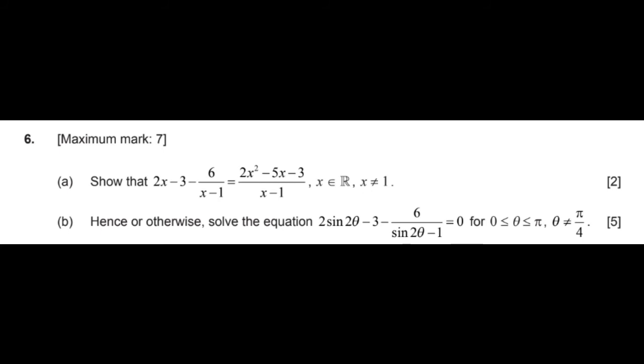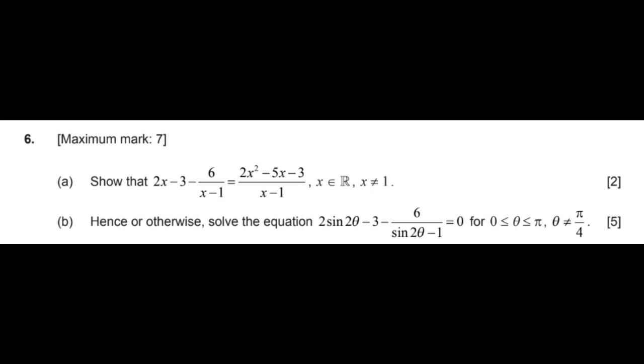That would be my recommendation. If you take a quick look at the left-hand side of A, it looks really similar to B. The only difference is that instead of x, we have sine 2 theta. So we'll see how we do a substitution there to solve that.